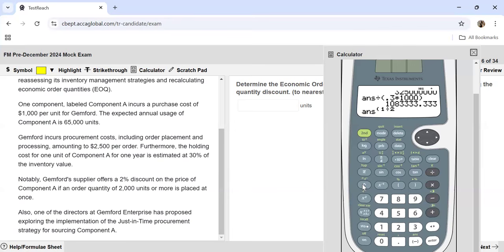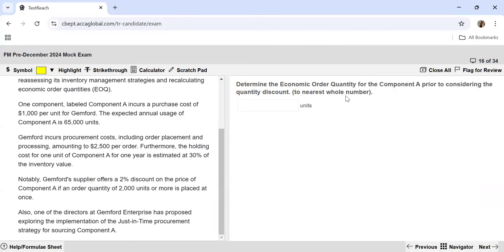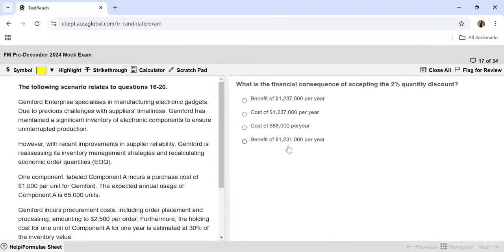So I raise it to the power of 1 by 2. This gives you the square root, which is going to give you 1040.8. Since the requirement is asking us to give the answer to the nearest whole number, I'm going to put it as 1041. This was a very easy question. Let's move ahead to the next one.